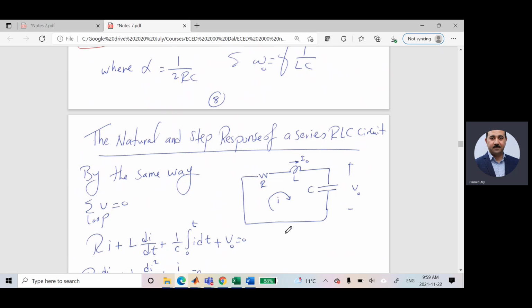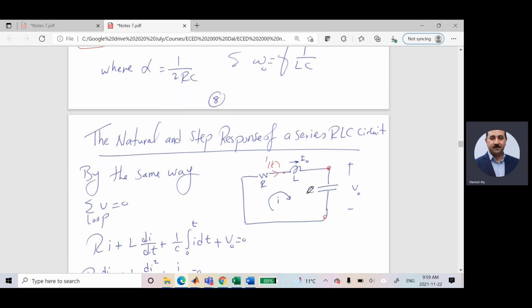This is series RLC, so I'm looking for the current in this circuit, i(t). What is given is the initial voltage across the capacitor, V0, and the initial current in the inductor, I0.